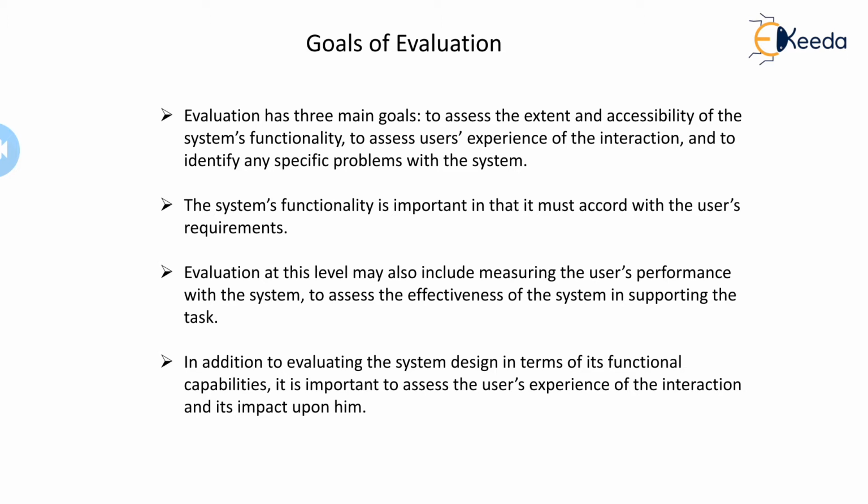The system functionality is important in that it must accord with the user's expectations and requirements. In other words, the design of the system should enable users to perform the intended task more easily. This includes not only making the appropriate functions available within the system, but also making them reachable in terms of the user actions needed to perform the task.